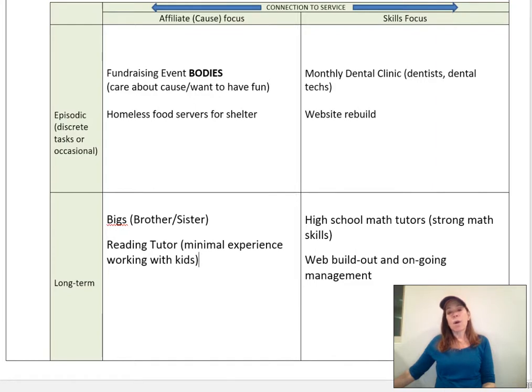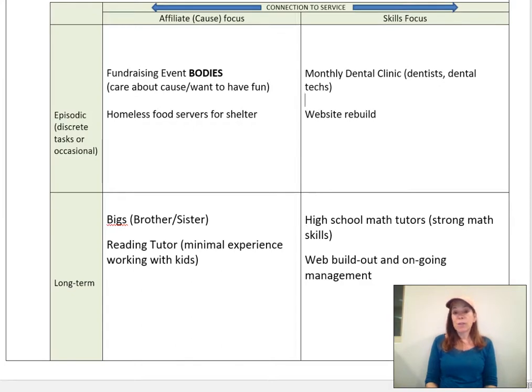Let's take a look at what we've got going in our skills focus. We've got a monthly dental clinic, and we need dentists and dental hygienists. Now why, since it's monthly, have I put it in episodic? Well, I've put it in episodic because let's say you have one every month of the year. You do not have to have the same dentist show up every month.